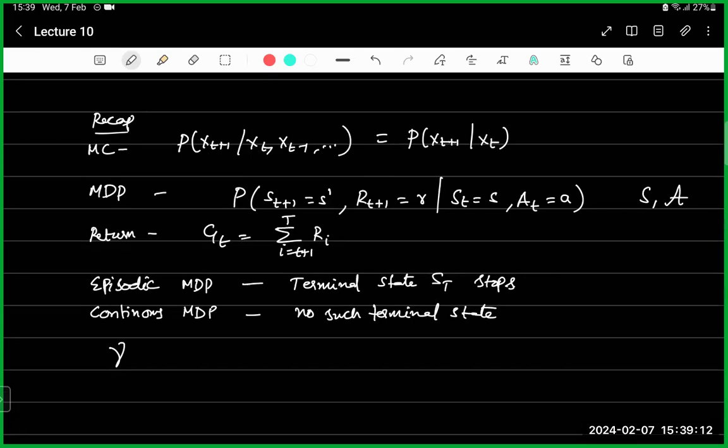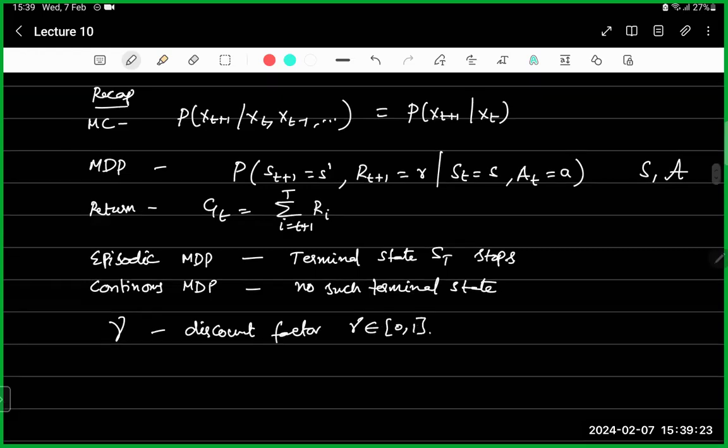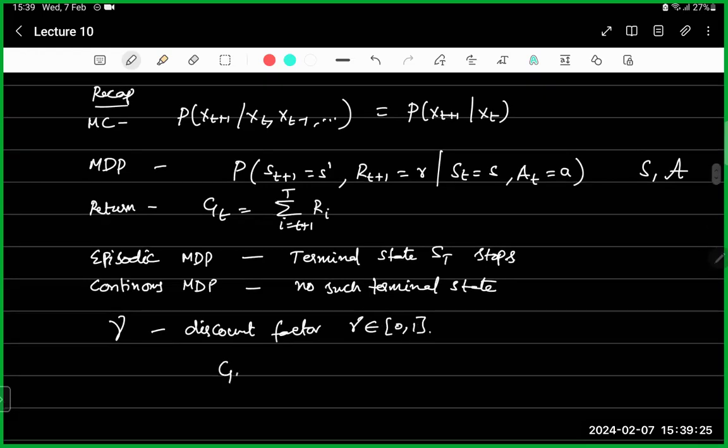So to prevent that, we take a discount factor gamma, which belongs to 0 to 1. And you define your G t as the sum of gamma power i times R i.